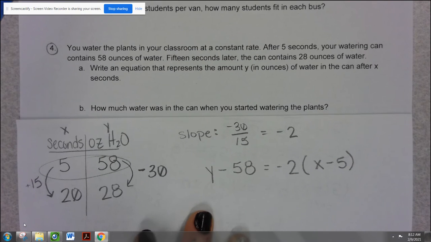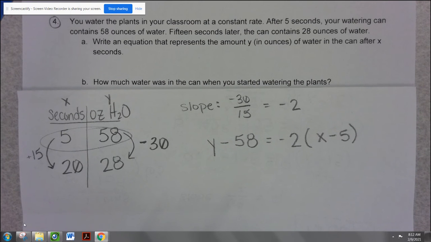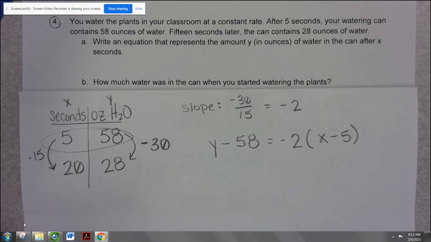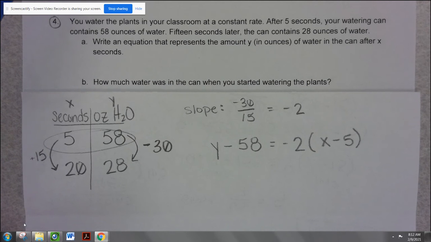And for part B, it wants us to know how much water was in the can when we started watering the plants. Now you could go about this 2 different ways. If I'm starting to water the plants, that means that it's time 0. That represents my y-intercept.